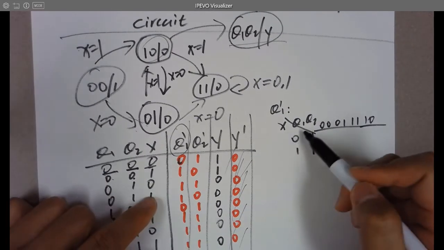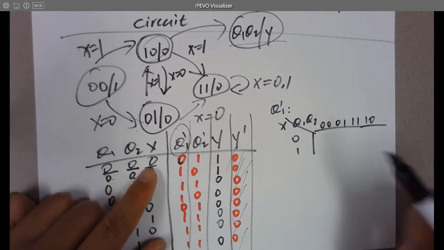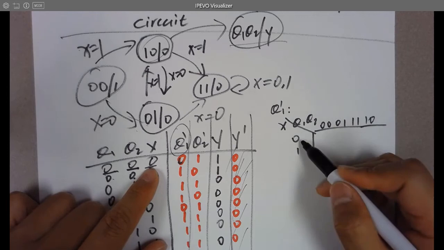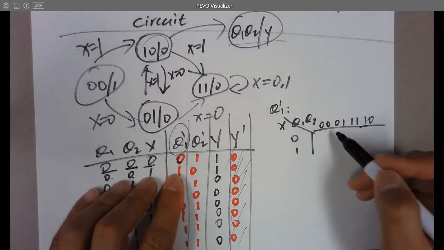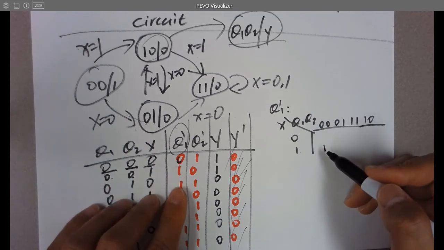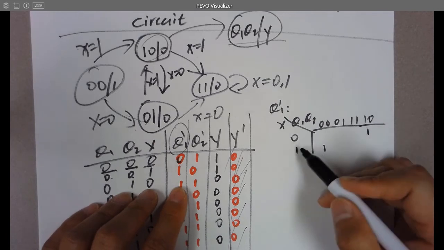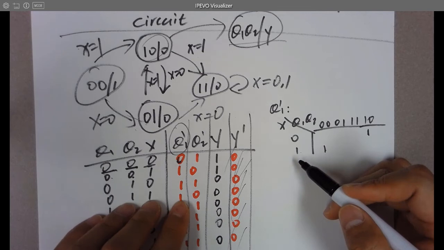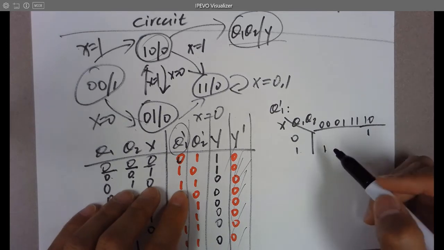So now let's see. When x is 0, what are these ones here? So this one, 1, 0, 0, you got 1 here, and 0, 1, 0, and this one, 1, 0. No, the second one is different.